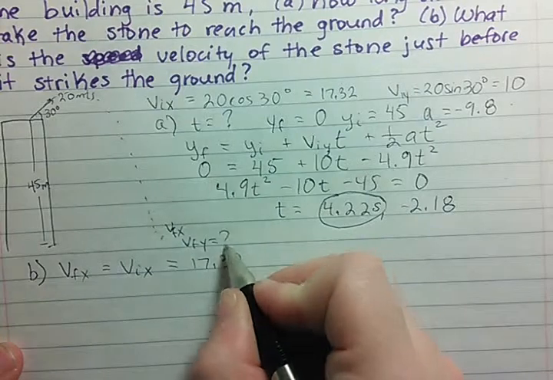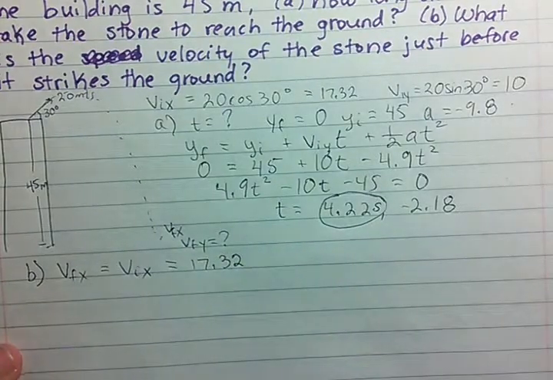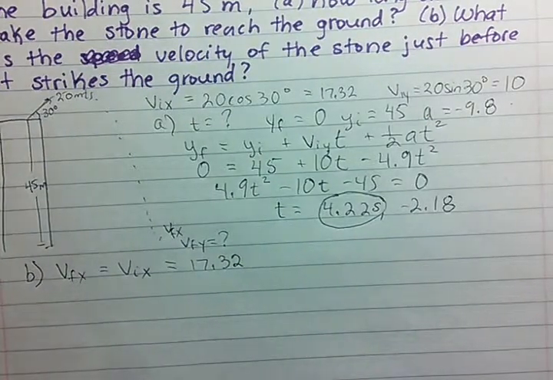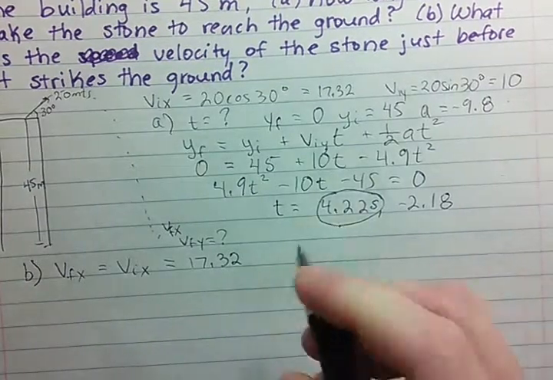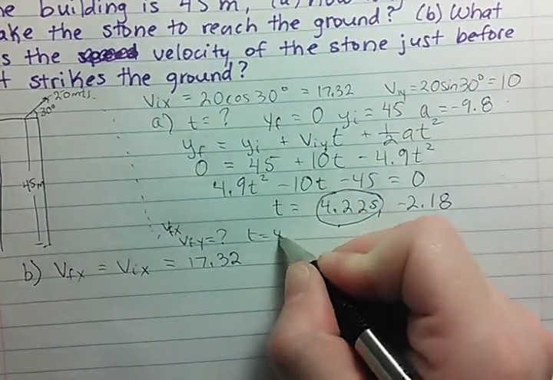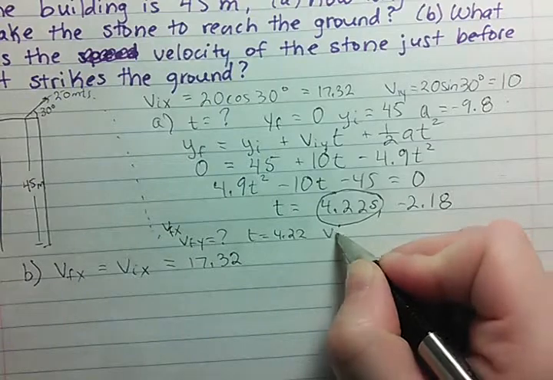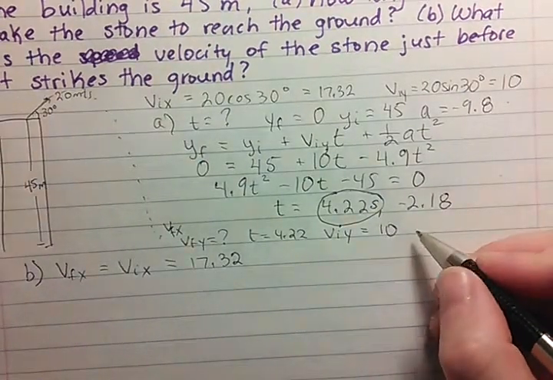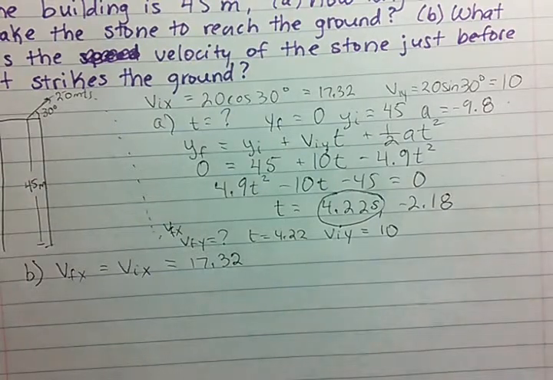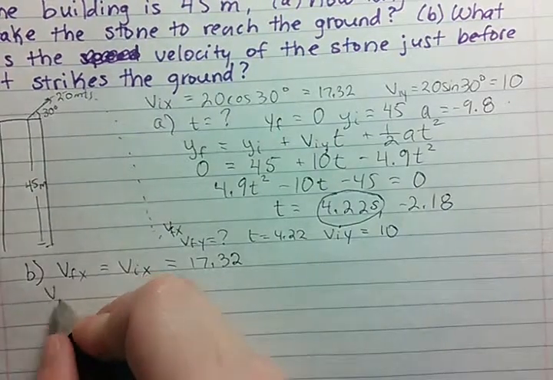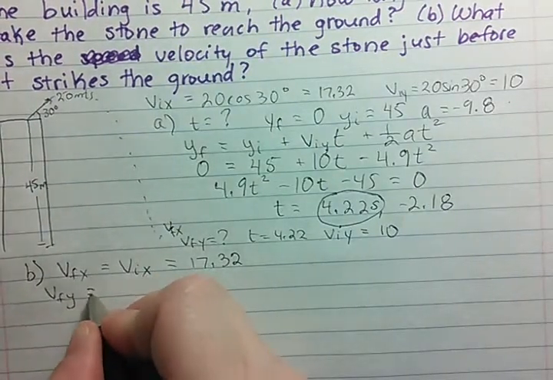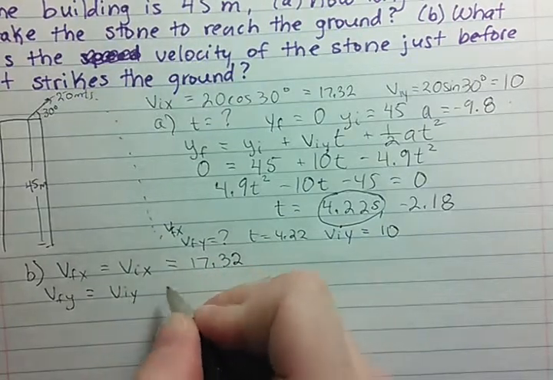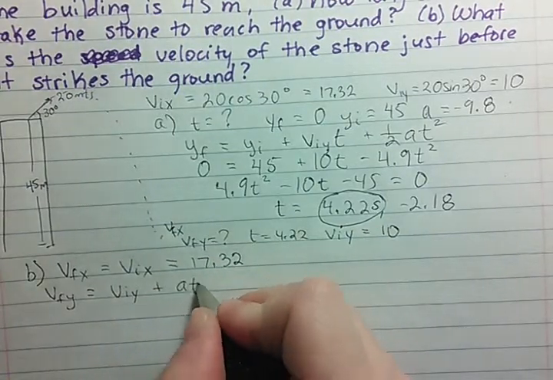So we're looking for Vfy. And since we just figured out the time, we know the initial speed. It looks like we can use the first kinematic for that. So Vfy is going to be equal to Viy plus At.